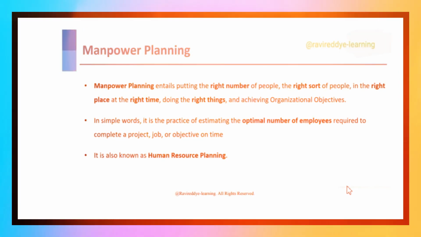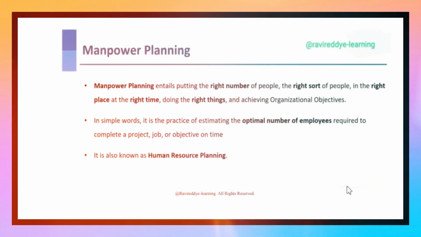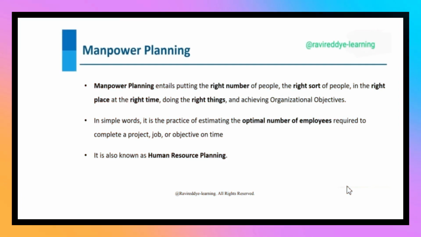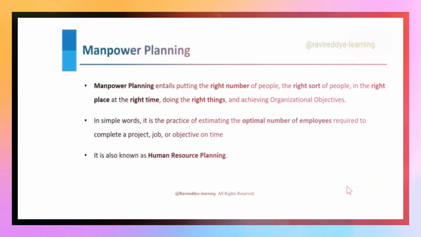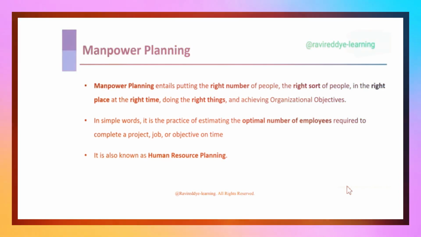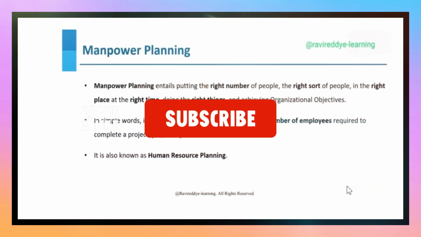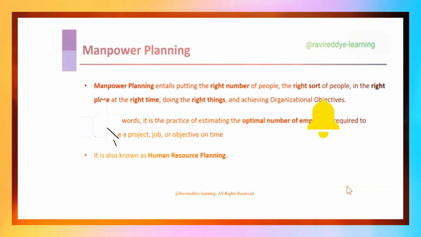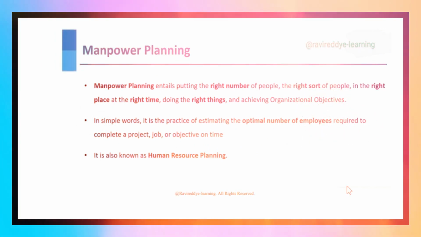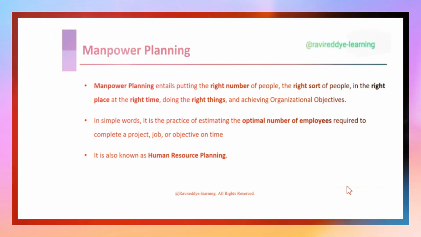All of that evaluation is nothing but manpower planning: estimating the optimal number of people required to do a particular project, to meet a particular goal, to do a particular type of task within the organization. Since it is planning of human resources, the optimal number of humans required to do a task, it is also known as human resource planning.